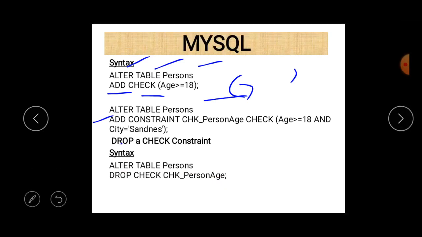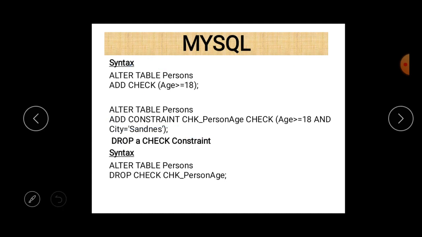So we write add constraint and the name of the constraint is check person age, and after that we use the check keyword and give the condition. Here two conditions are there: age is greater than or equal to 18, and city is a given value. So this is basically a check condition.